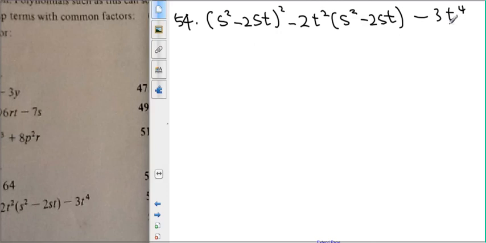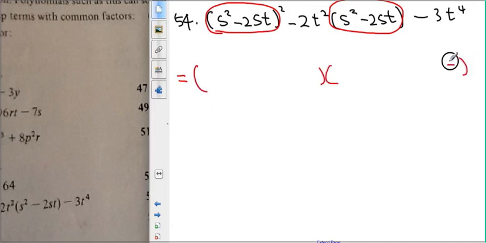So here, you can consider this one as some number squared minus 2t squared times that number minus 3t to the 4th power. So if you have to factor this one, which number multiplies to the last term would have been t squared, so that we can get t to the 4th power. And the first one would have been the one in the expression, s squared minus 2st.